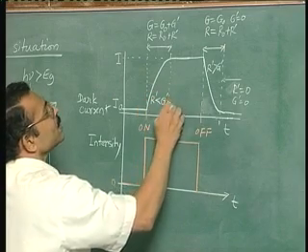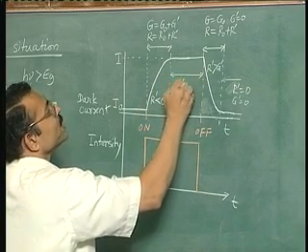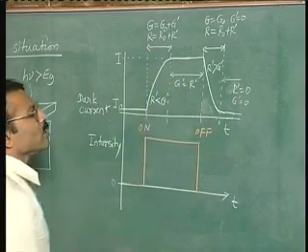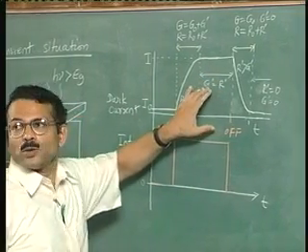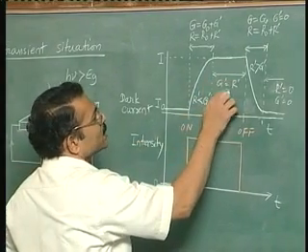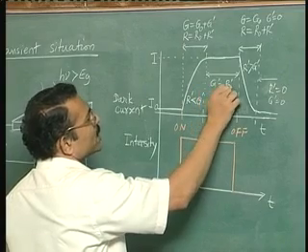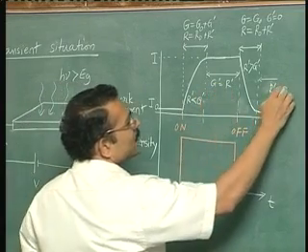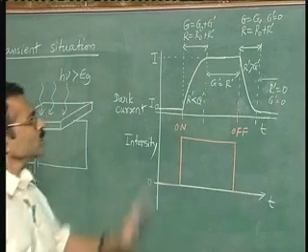In the steady state portion, you have G dash equal to R dash, so no change in carrier concentration is seen because the recombination rate has risen and become equal to the excess generation rate. However, this is not equilibrium because G dash and R dash both are non-zero, whereas here R dash is 0 and G dash is 0, that is why this is the equilibrium state.